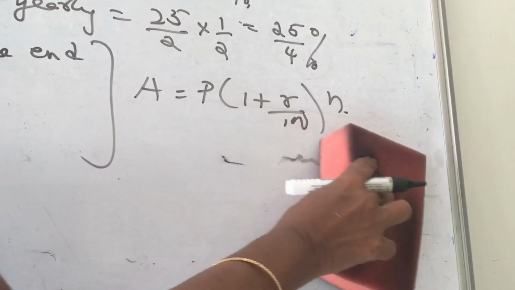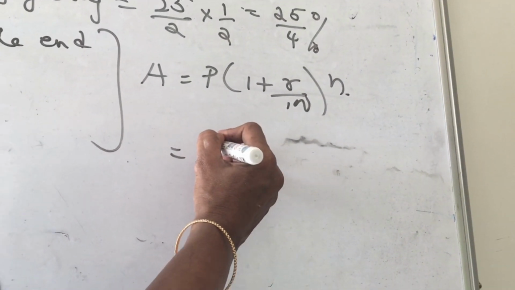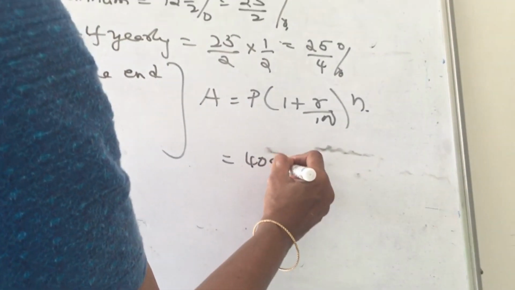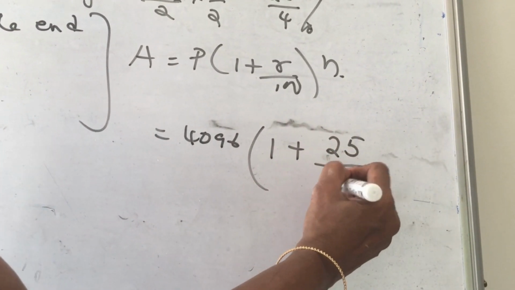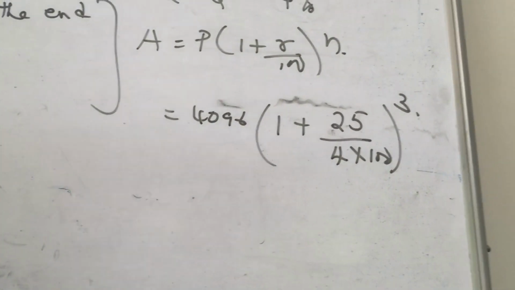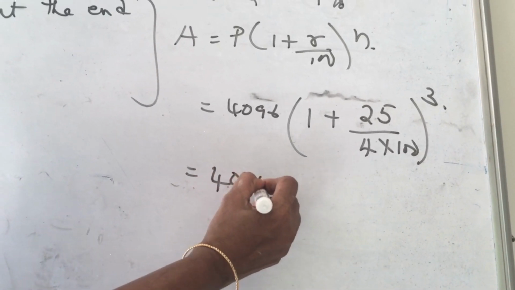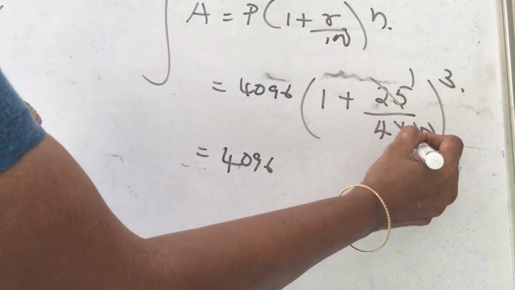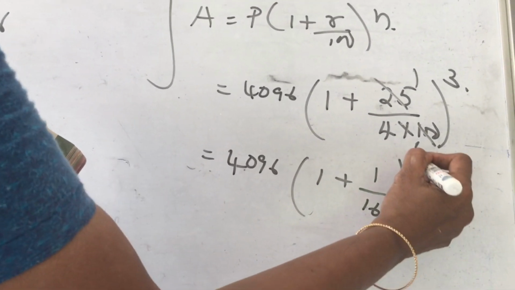A is equal to P into 1 plus R by 100 whole power n. Your principal is 4096 and your rate is how much, children? 25 by 4 into 100 and n is equal to 3. Hope you have followed. Yes. 25 ones, 25 fours. 1 plus 1 by 16 whole power 3.